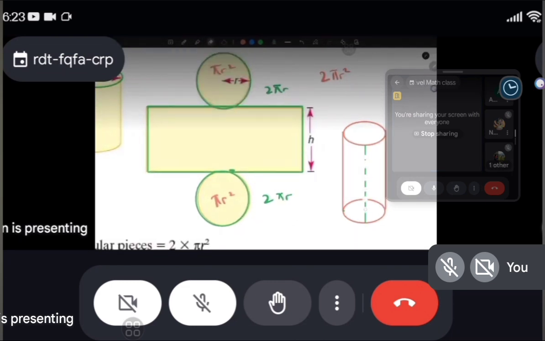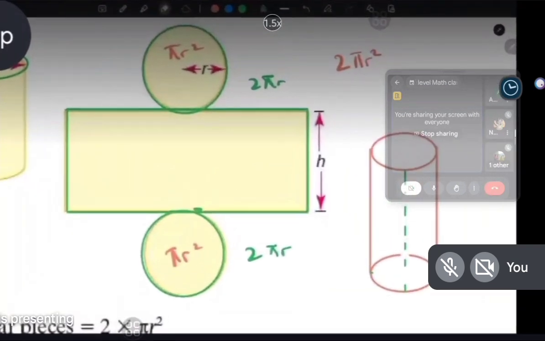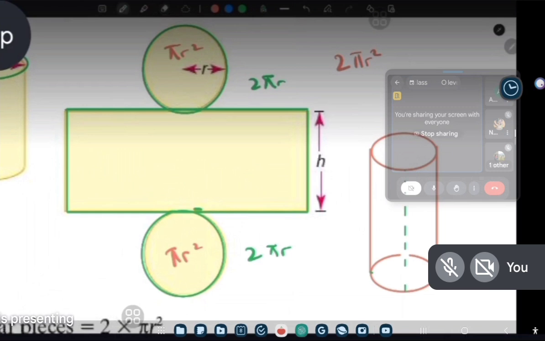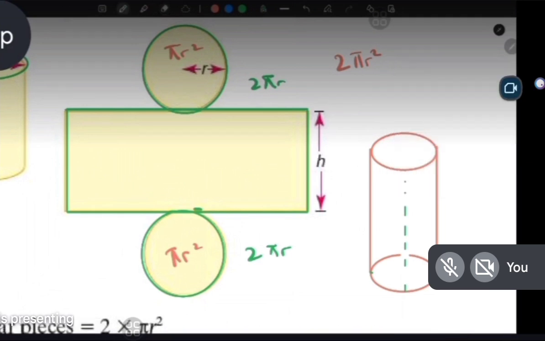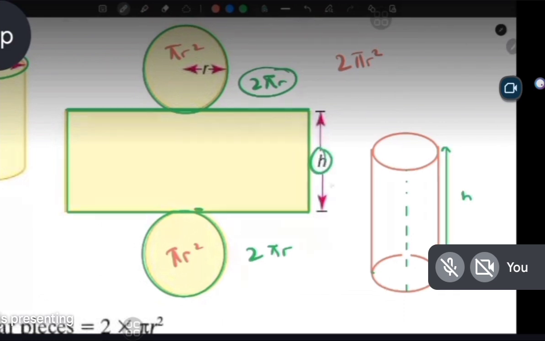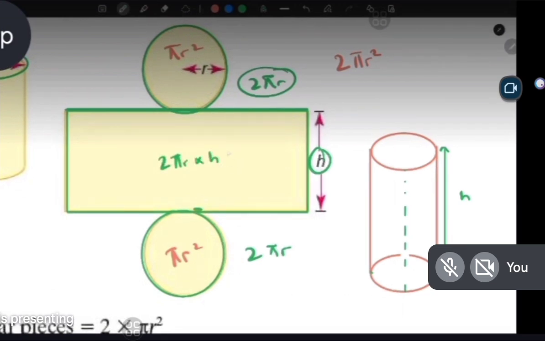Now since you cut it and then opened it, this length will now look like this, right? So now it's equal to 2 pi r. And the normal length from here to here, that is its height. So the height remains the same. So 2 pi r multiplied by h will give you the area of this rectangle.